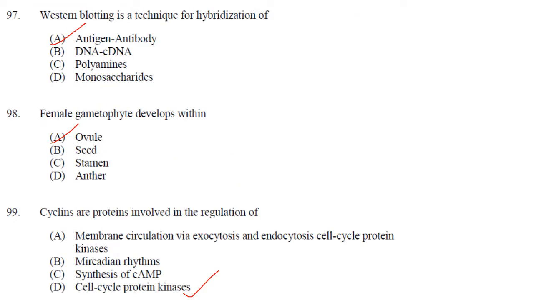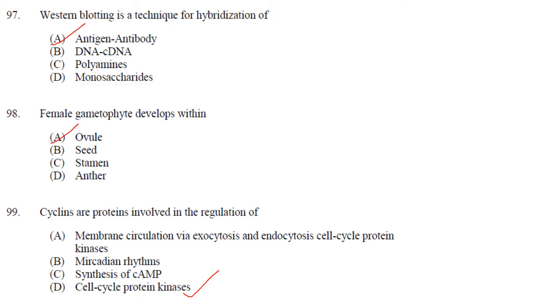Then Western blotting is a technique for hybridization of. So a Western blot is a laboratory method used to detect specific protein molecules from among a mixture of proteins. In Western blot, the target proteins are transferred to a hydrophobic membrane after SDS-PAGE and then detected using specific antibodies.